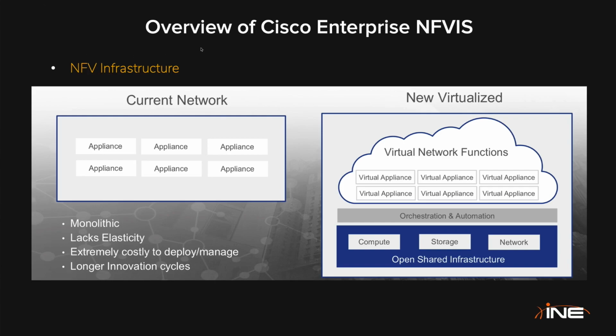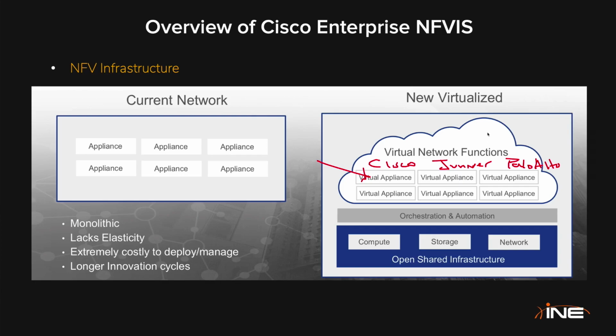But by going to the NFV infrastructure, you are basically giving an open standard infrastructure or hardware where you can deploy multiple VNFs. This could probably be a Cisco device, this could be maybe a Juniper device, and maybe this could be a Palo Alto.